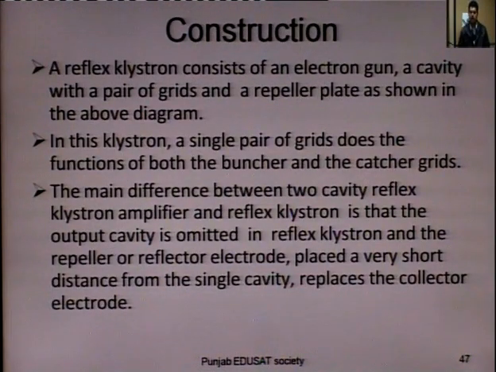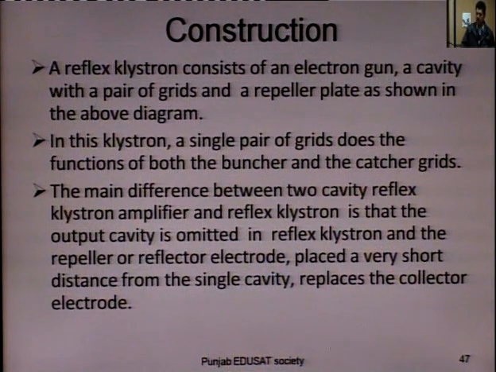Now I have already told you that basically it consists of an electron gun, a cavity with a pair of grids, and a repeller plate. Here, instead of two cavities, we are using only a single cavity that acts as a buncher as well as a catcher grid.